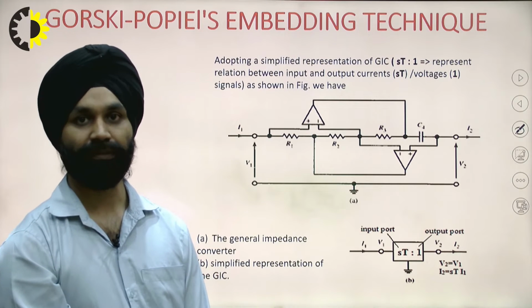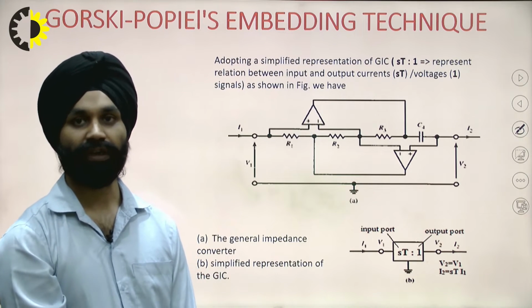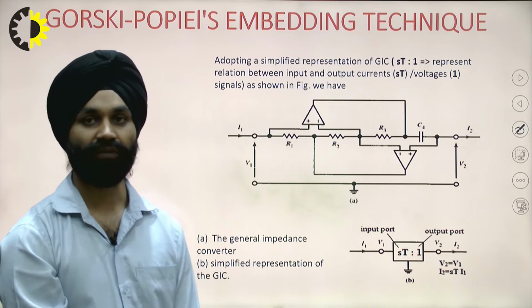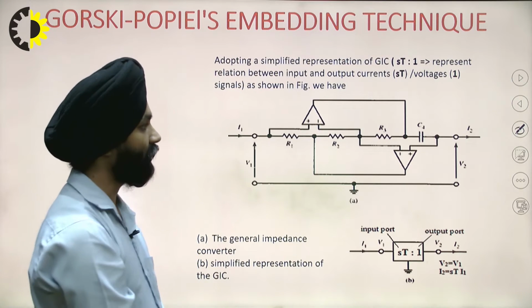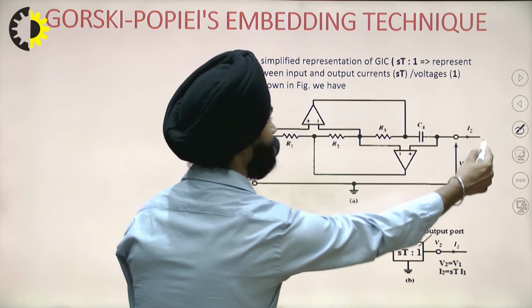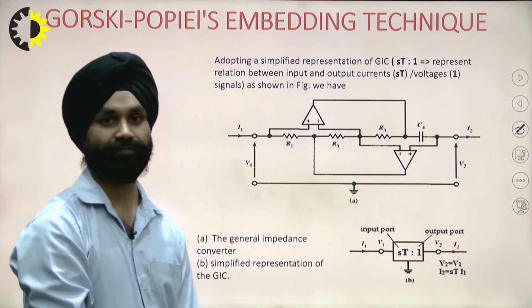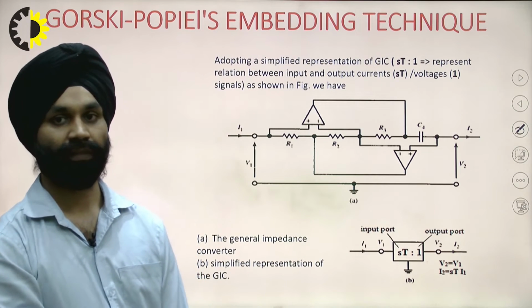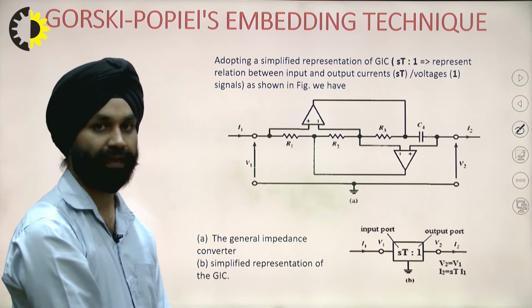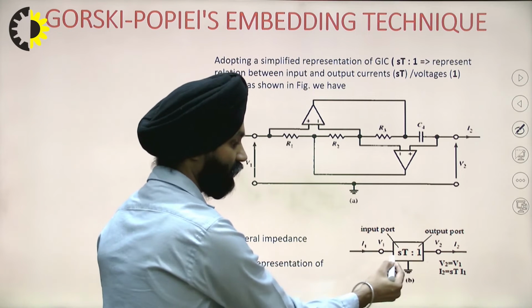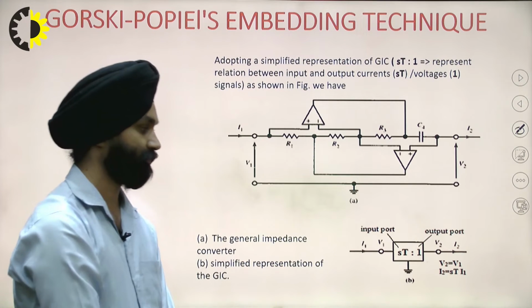So the whole GIC circuit can be represented as the ratio of the currents S T to 1, and the ratio of the voltages, with R5 taken as the load resistance.